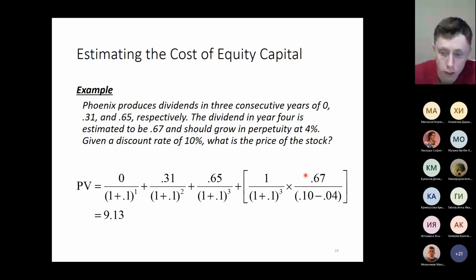Why? Because here we use a growing perpetuity formula, which itself already includes one step ahead. As I told you, the growing perpetuity is the present value of the cash flows when the first cash flow is 1 year later. This is why we additionally discount at the same discount rate as here.